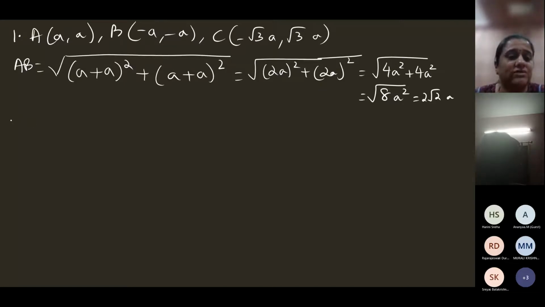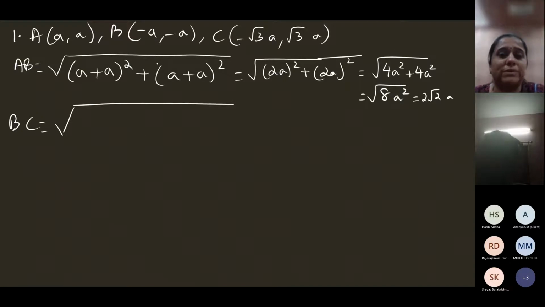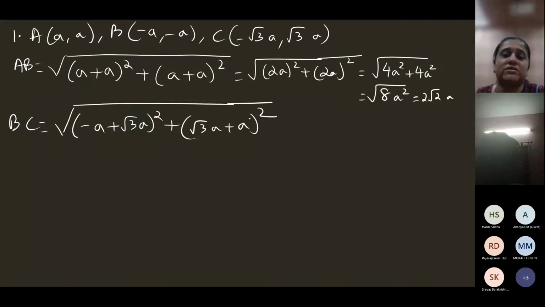Next, BC. BC is equal to square root of the difference between the x coordinates. So the x coordinates are minus A and minus root 3A. So minus A minus root 3A will become plus root 3A, the whole square, plus again the difference, root 3A and minus A. So you can write it as root 3A plus A the whole square, and the difference between the y coordinates, root 3A minus minus A, so root 3A plus A the whole square.